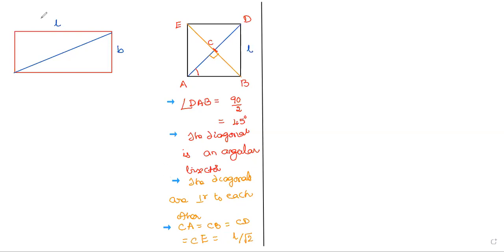Yes, very good. These are the points you have to remember related to the square. Do you have any doubt here regarding these points? No, right. I think you know all these points in your lower standard.